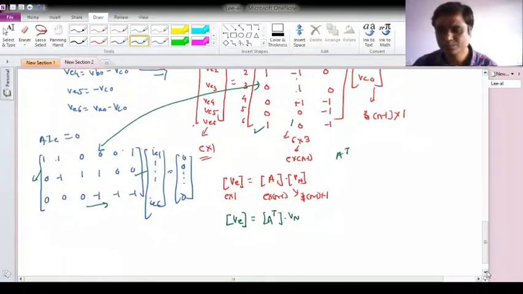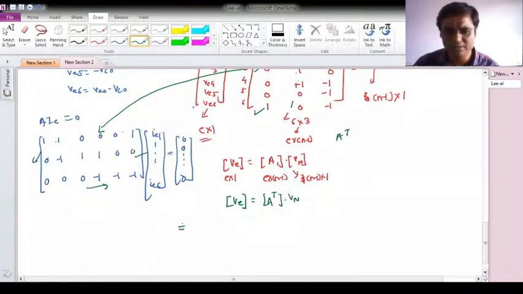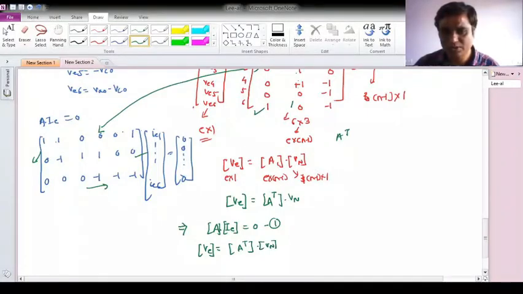So this way we can write the two equations. One equation is the incidence matrix A into the row vector IE, which will be equal to 0. This is equation 1, and the second equation will be the column vector VE equal to A transpose into the node voltages Vn, which is the column vector.